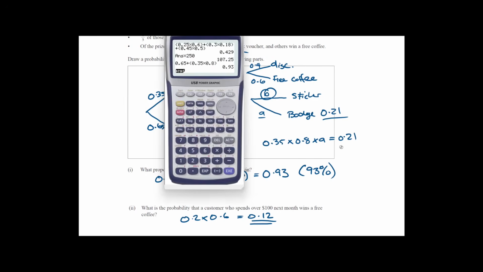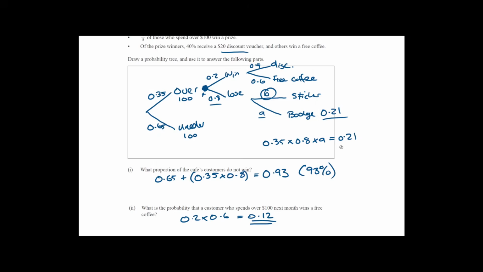So 0.35 times 0.8 equals 0.28. So 0.28 times A equals 0.21. Therefore, A must be equal to 0.21 over 0.28.